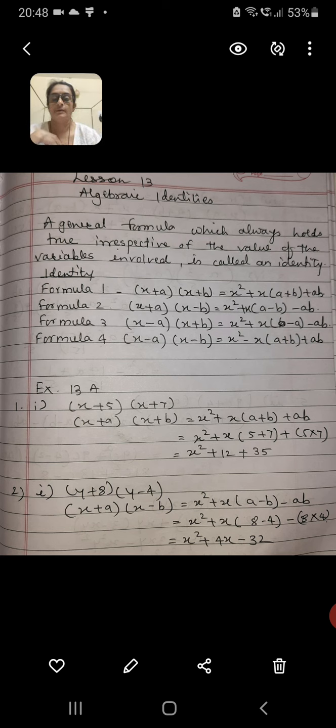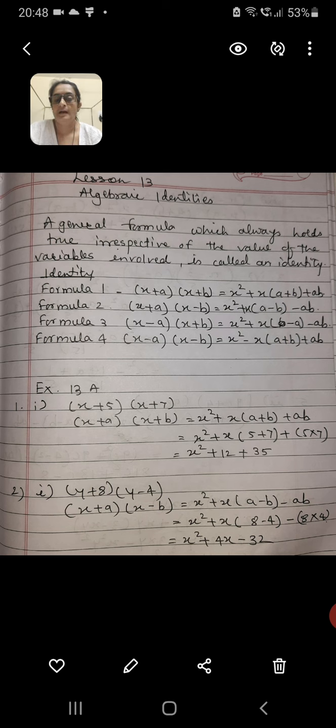So I have taken the first question, that is x plus 5 and x plus 7. Multiplication of x plus 5 and x plus 7. Instead of using the distributive law, we are going to use identity or formula 1. Now both the signs are positive, so we use formula 1, x plus a, x plus b. The formula is x square plus x in the bracket a plus b plus ab.